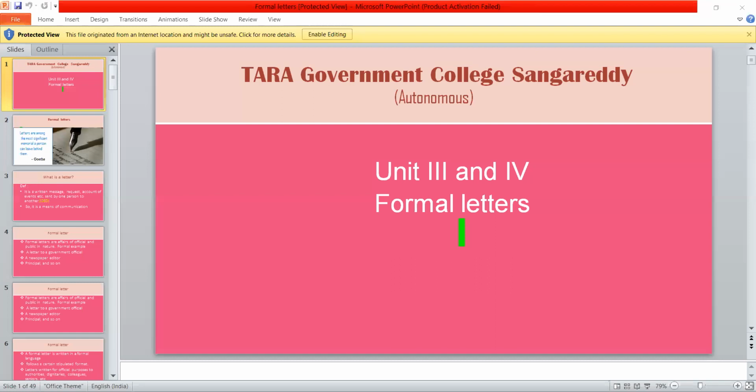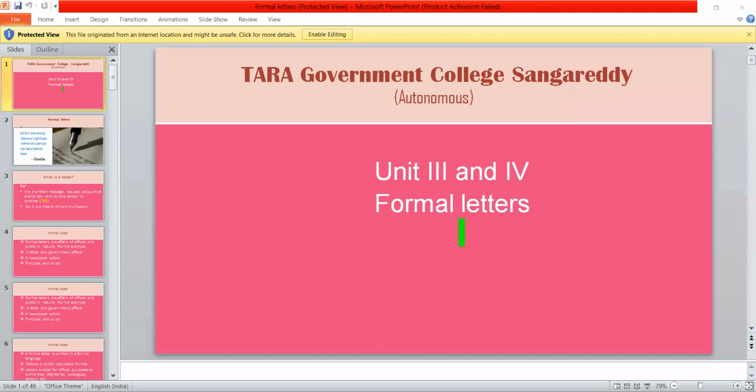If it is a letter pad, everything will be written. So reference number comes in the first position, then sender's address. Address of the sender.